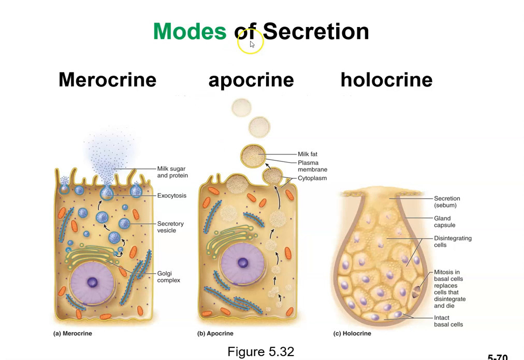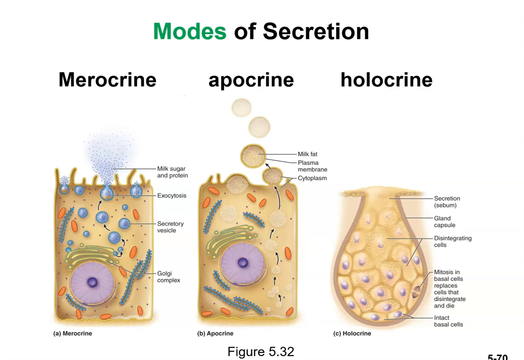This is called an apocrine gland, like the mammary gland in the female body. And some glands are called holocrine glands. This means the whole cell's secretion is pushed to the surface of the body, like the oil on our scalp.